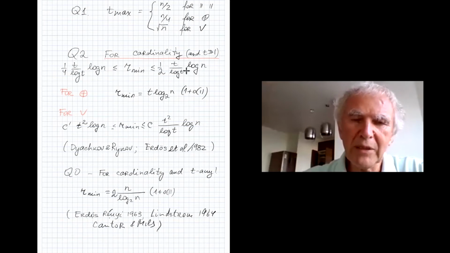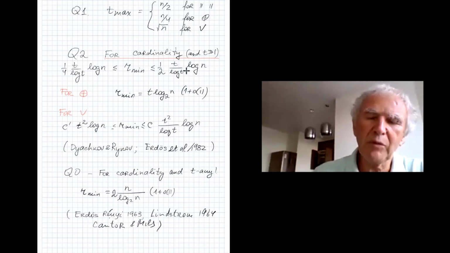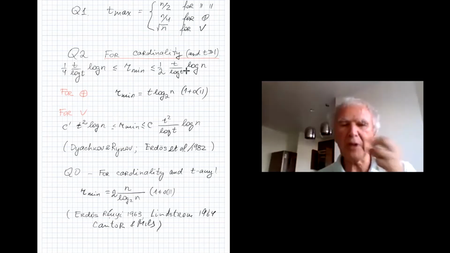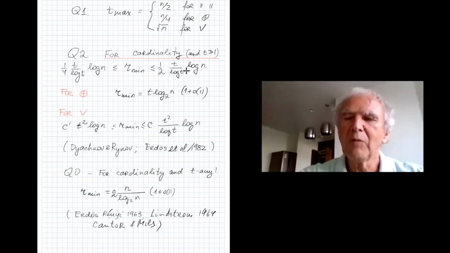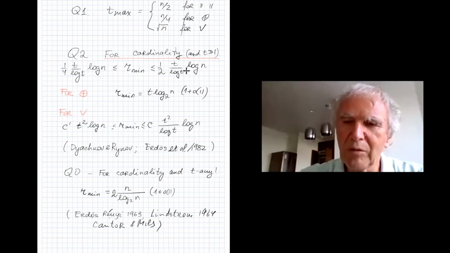In one case, when we know the intersection modulo 2, the sign of addition by modulo 2, or odd or even, we know the asymptotic of this number of questions. It's T times binary log n.